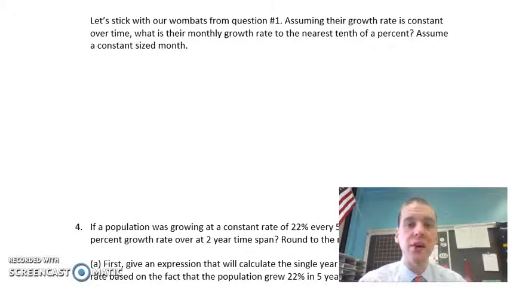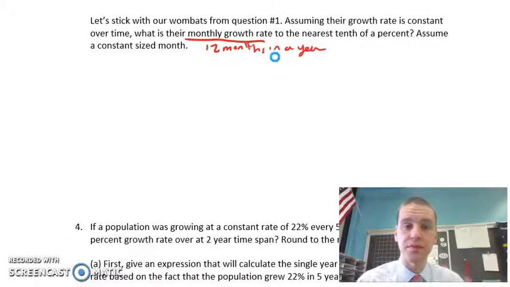Continuing with our wombat problem, instead of wanting to know how it grows over 10 years, let's go backwards. Let's look at how much the wombat population grows per month. So again here we're going to look at the monthly growth rate. Well, we know that there are 12 months in a year, and so we have the yearly growth rate of 5.1%.